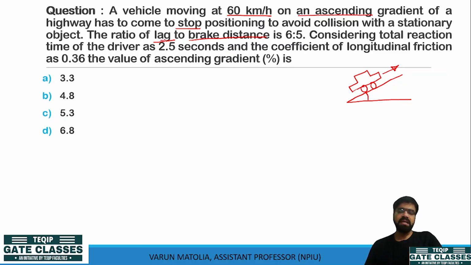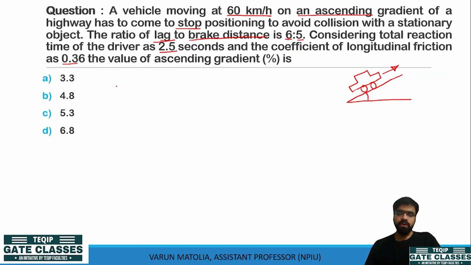So lag distance to brake distance, the ratio is 6:5. Considering the total reaction time of the driver as 2.5 seconds, and the coefficient of longitudinal friction for 60 kilometers per hour is 0.36. We need to find the ascending gradient.